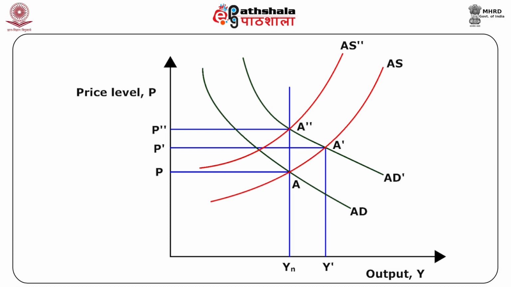The final equilibrium happens at the intersection of the AS curve, represented by AS double dash, and the AD dash curve at point A double dash, where the output is the same as Yn and the price level is at P double dash.